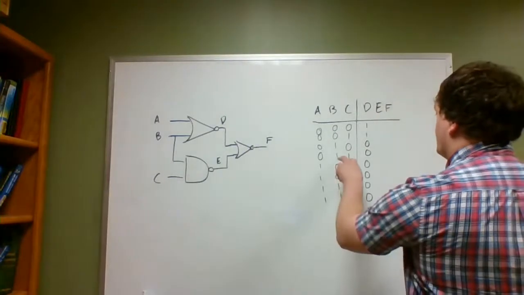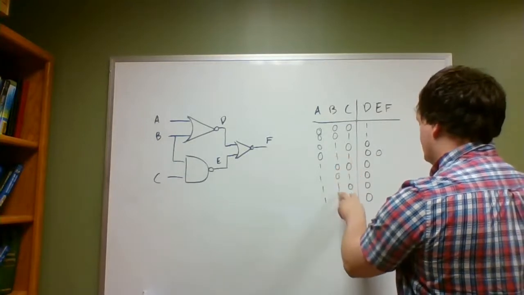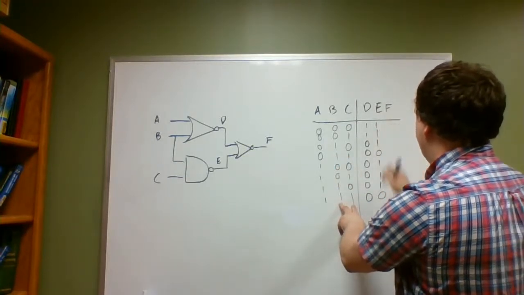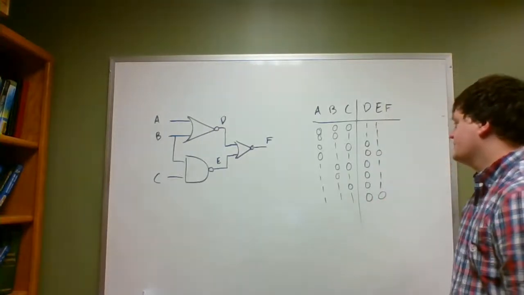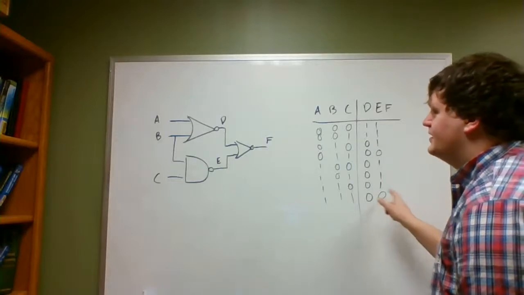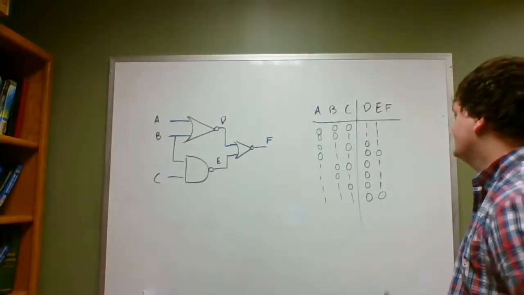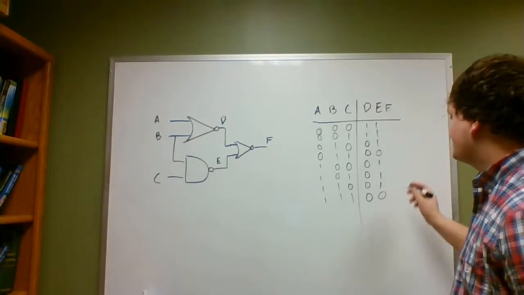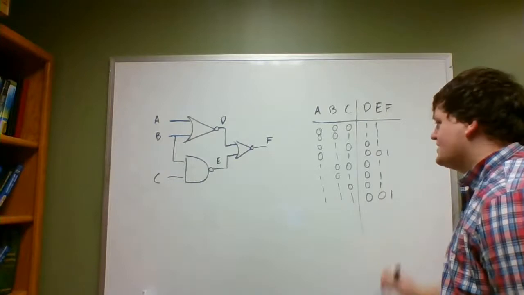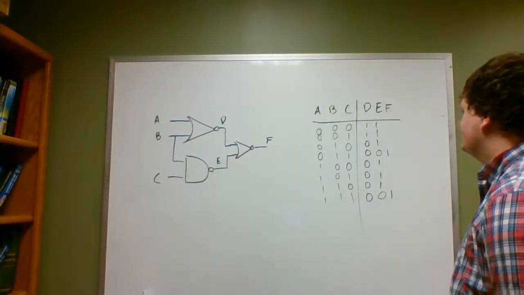So if both B and C are on, this is a 0, this is a 0. And then F is if either one is on, then it's a 0. So we go back through here, and this is a 1, and this is a 1, and everything else is a 0.